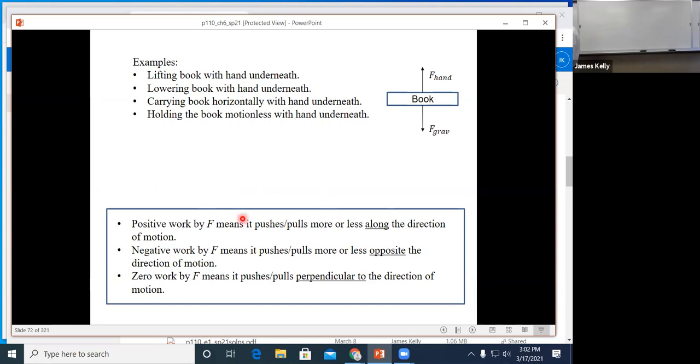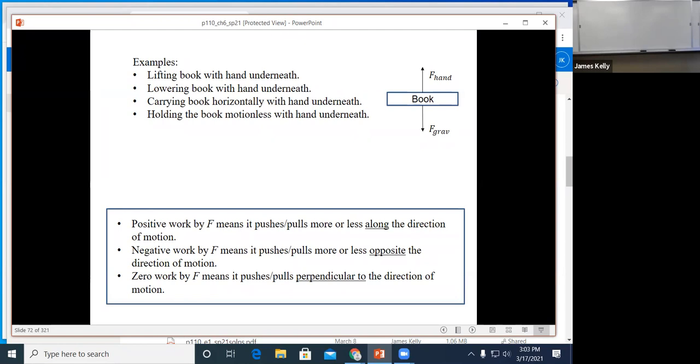So thinking about a particular force, if it's pulling or pushing more or less along the direction the object is moving, that corresponds to a positive work. It just comes out of the definition. If the object is moving in this direction and I'm applying a force, trying to hold it back, but it's still moving in the opposite direction from which I'm applying the force, that's the hallmark of negative work.